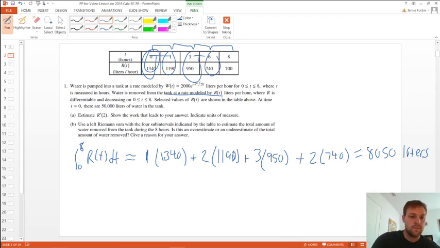Well, think about it. If I map this out, 0, 1, 3, 6, and 8, and plot these points, it goes down, something like this. It says in the problem that it's a decreasing function.